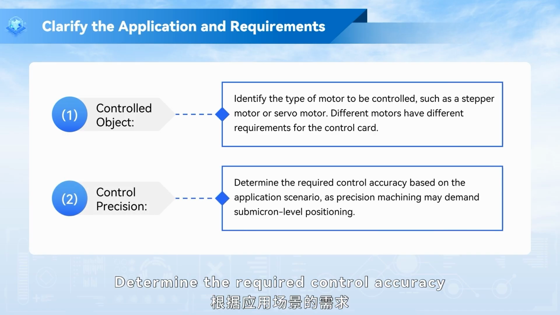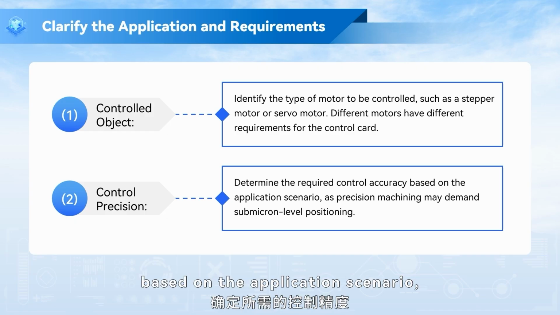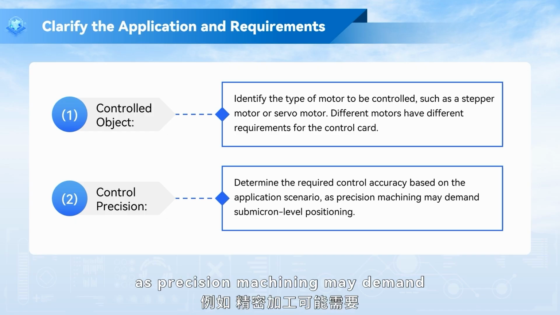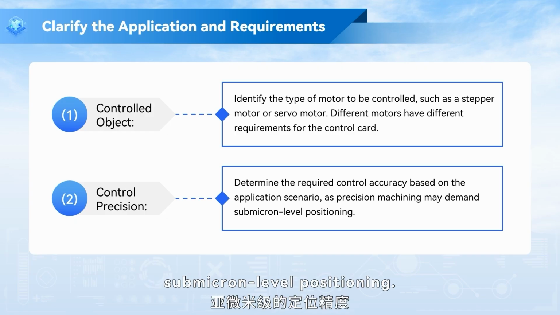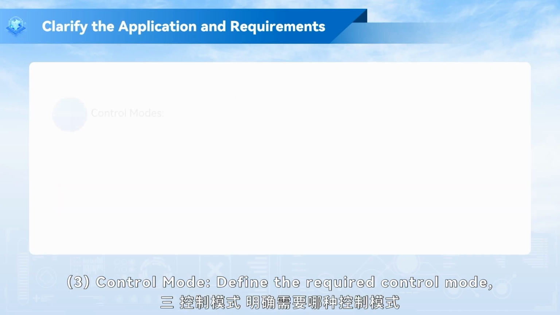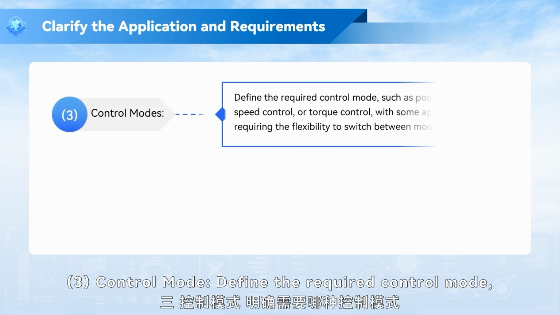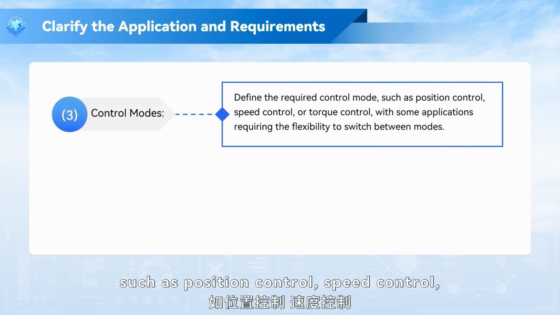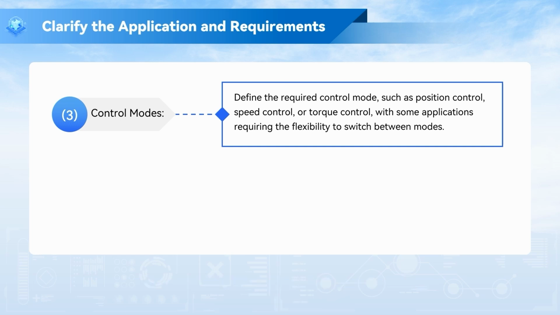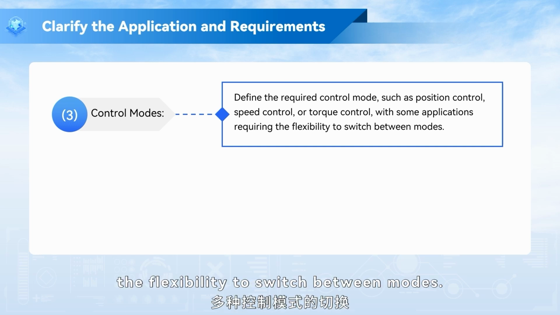Determine the required control accuracy based on the application scenario, as precision machining may demand submicron level positioning. 3. Control mode. Define the required control mode, such as position control, speed control, or torque control, with some applications requiring the flexibility to switch between modes.